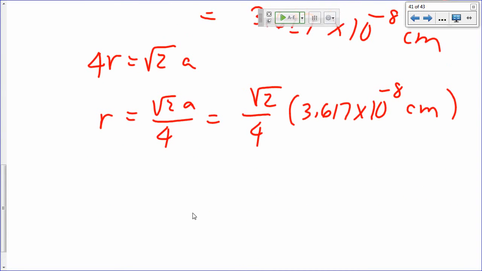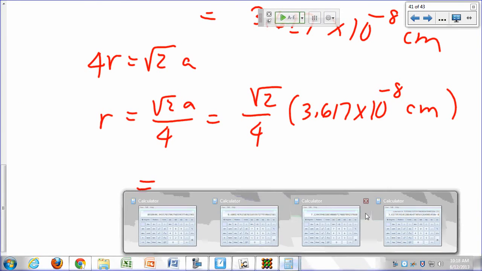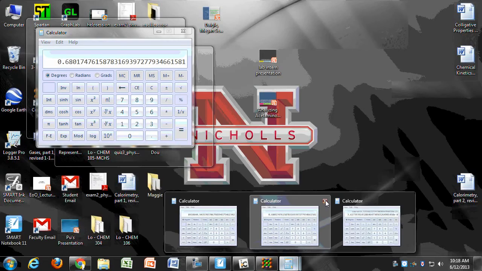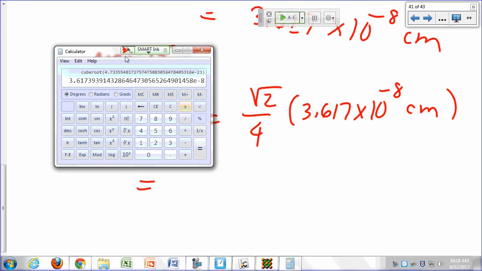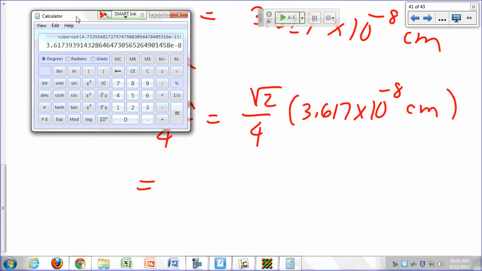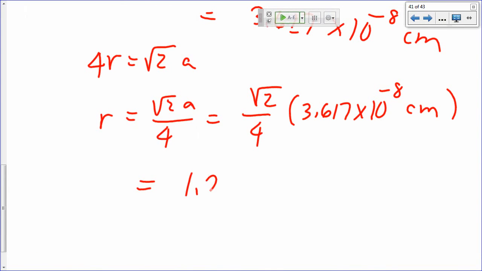That gives you 1.27, or 1.28, 3 sig figs now, times 10 to the negative 8 centimeters.